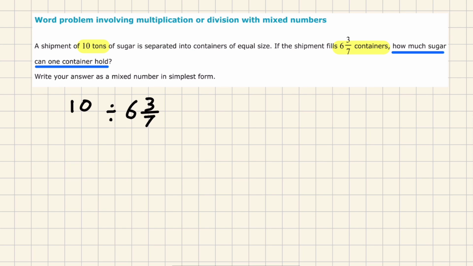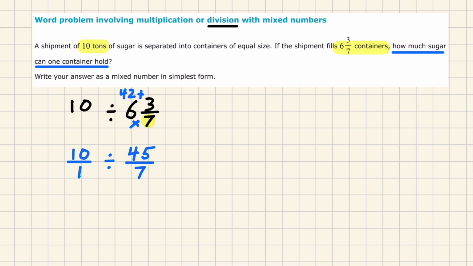So this example has us using division. And since we have mixed numbers, we know we will start by rewriting whole numbers and mixed numbers as fractions. So 10 can be written as 10 over 1, and 6 3/7 as an improper, we would multiply 6 and 7 to get 42, add the 3 to get 45, and keep the denominator of 7.